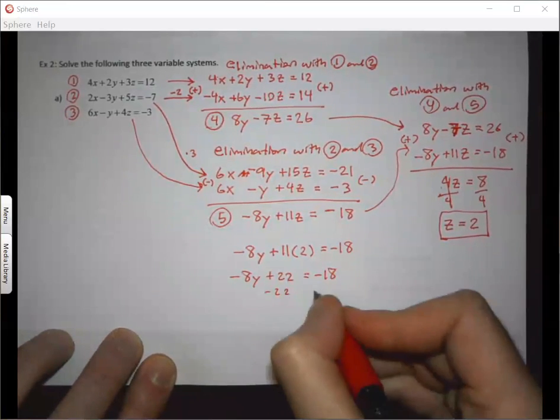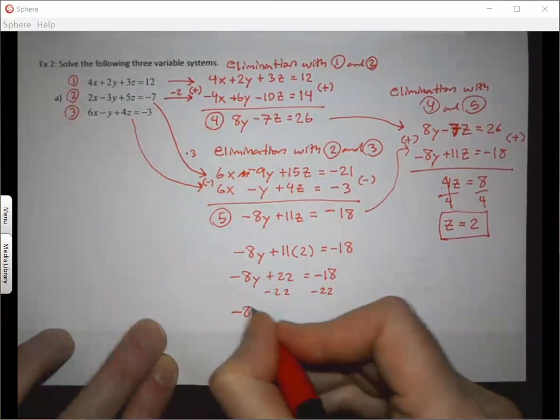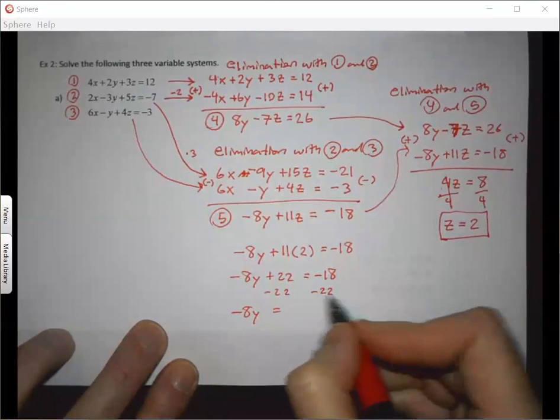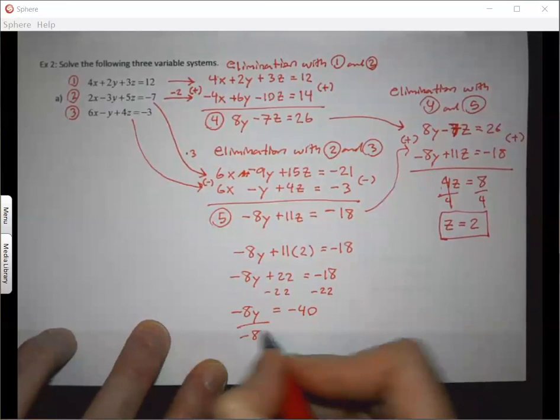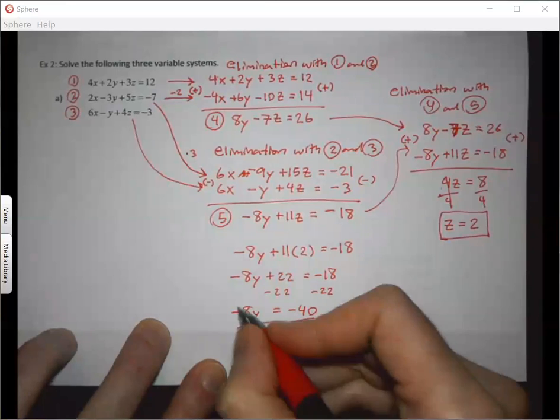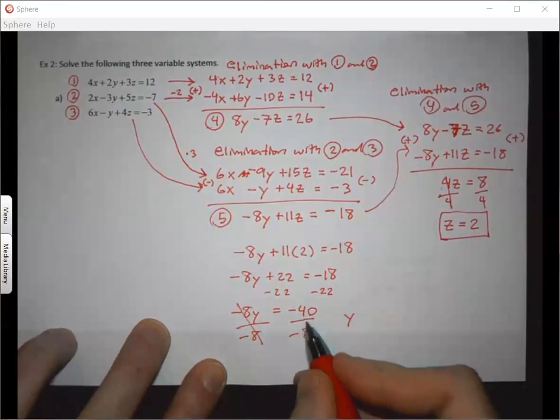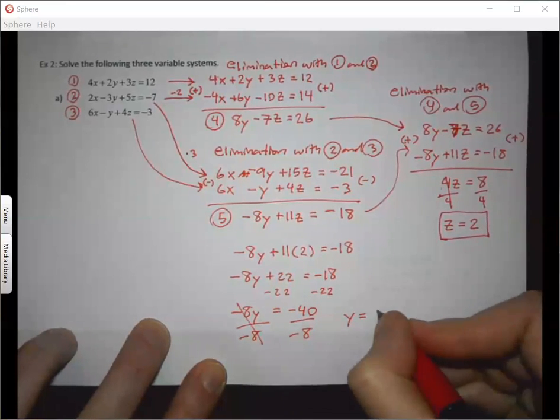Take away 22 from both sides. -18 minus 22 is -40. Divide both sides by -8. -40 divided by -8 is 5.